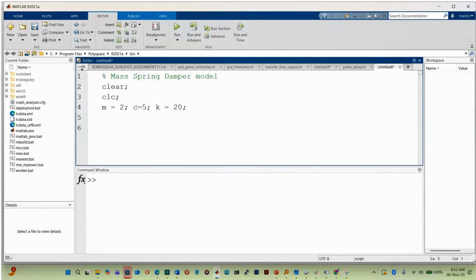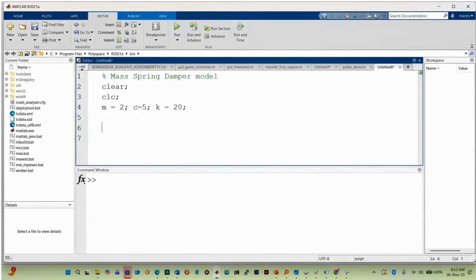Then we go down. What we are going to do is to now design our G, which is G(s). It is supposed to equal the transfer function of 1. Or we can first define the numerator.